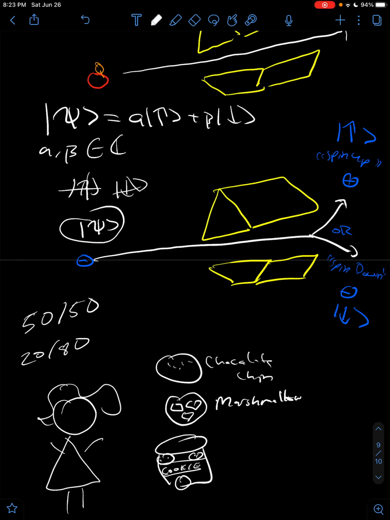So what does this mean? Well, we write the spin state before it goes through the detector as some combination of spin up and spin down. And why do we do this? Because alpha squared gives us the probability of the electron being in the up state once it goes through the detector, and beta squared gives us the probability that the electron goes to the down state when it hits the magnetic detector.